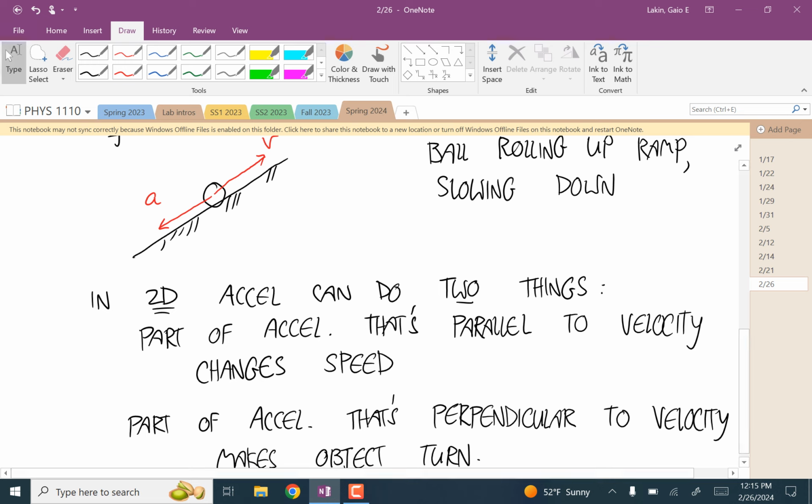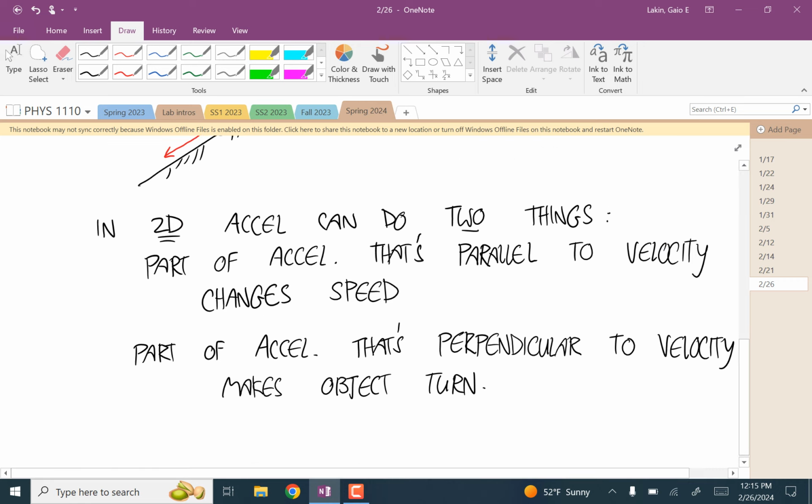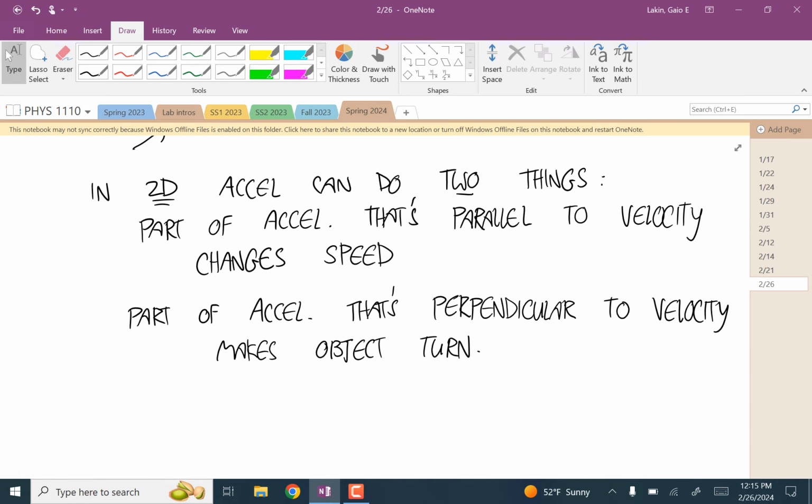Well, if you have something moving along a straight line, all accelerations are parallel to the velocity. Like in 1D, all accelerations are parallel to the velocity. And so it makes sense that you can't have anything turning in 1D. Okay, but in 2D, that's not the case.